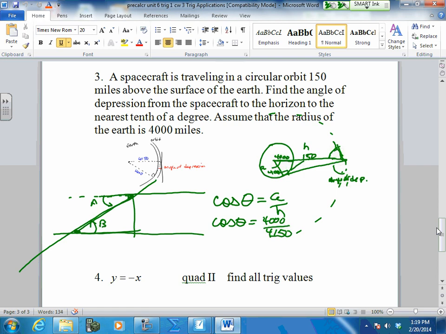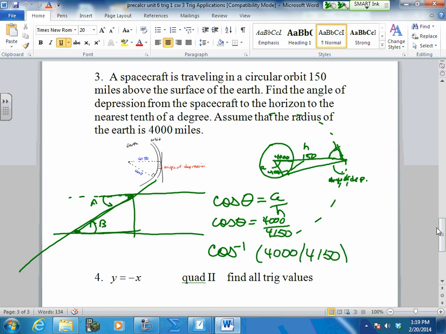So now, how do I find the angle? I want an angle whose cosine is 4,000 over 4150. I do second cosine. Invert. I do that. There you go.